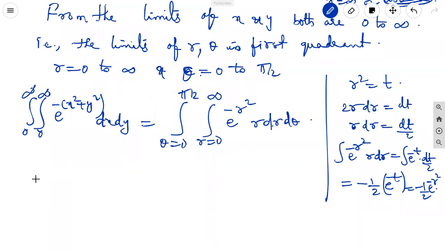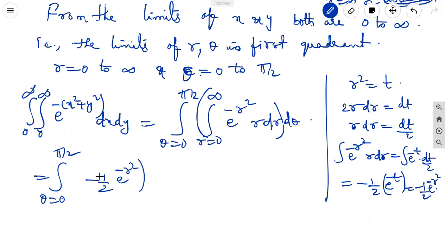Here it is equal to theta limits from 0 to pi by 2, integral of this integration, which is minus 1 by 2 e power minus r square, limits from 0 to infinity, d theta.